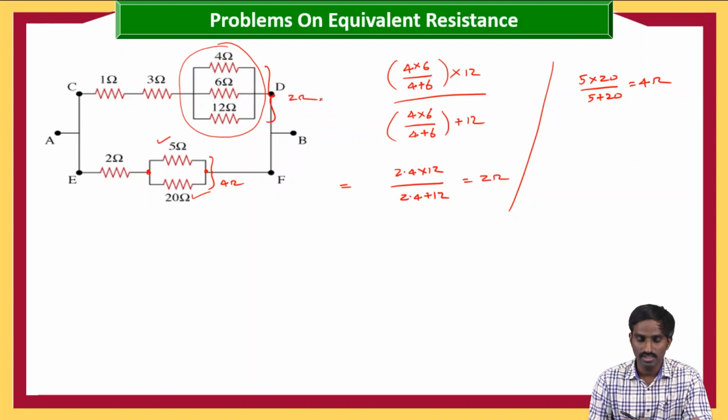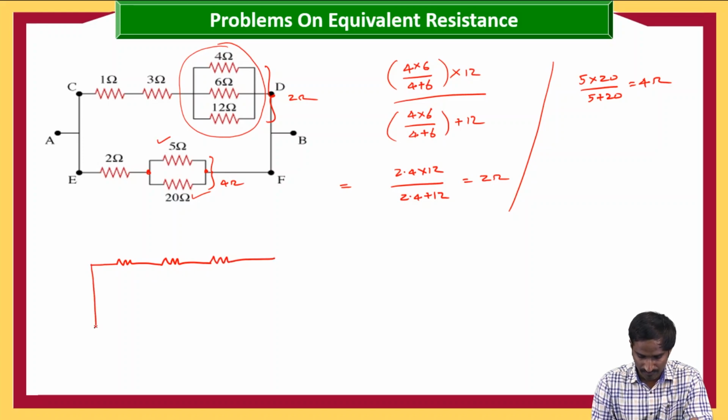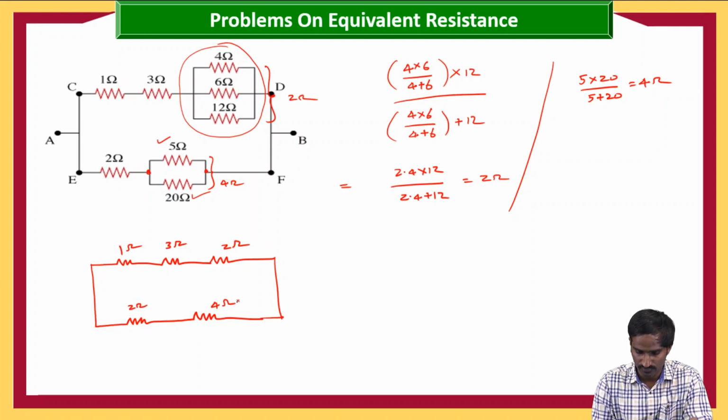Then the equivalent circuit will become 1 ohm as it is, and again 3 ohms as it is, and this 3 combination is replaced with 1 resistor. Again this 2 ohms is as it is, and this resistor can be replaced with the equivalent resistance value, 4 ohms.